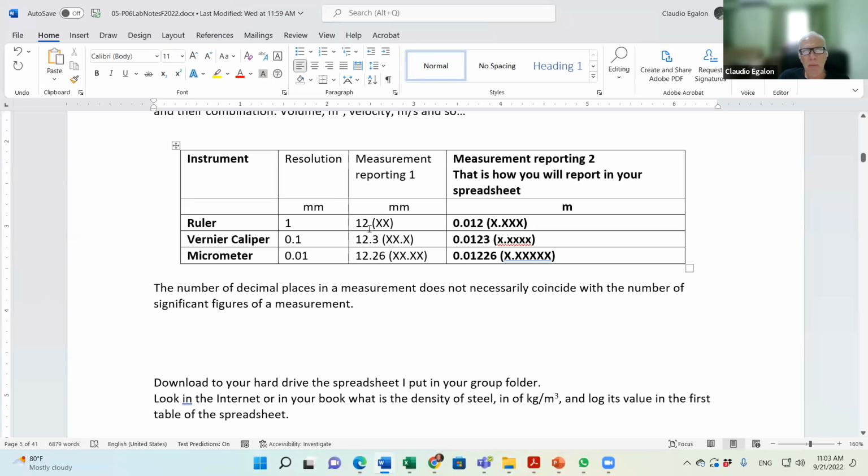A measurement that's 12 millimeters. Now, how do you report with the ruler? You report it as having 2 significant digits only. For the vernier caliper, 3 significant digits, and the micrometer, 4 significant digits. That's how I abbreviate the significant digits here with X's.